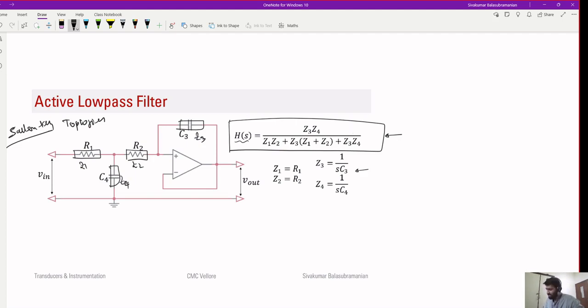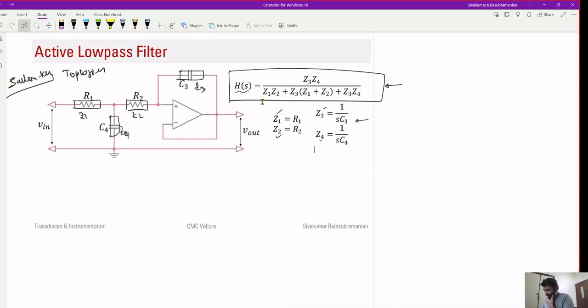Okay. And by simply changing Z1, Z2, Z3, Z4, you can get a high pass filter also with something like this. Okay. Again, we'll not derive this. I'm showing this here just for you to know that you can build circuits like this for implementing active filters.